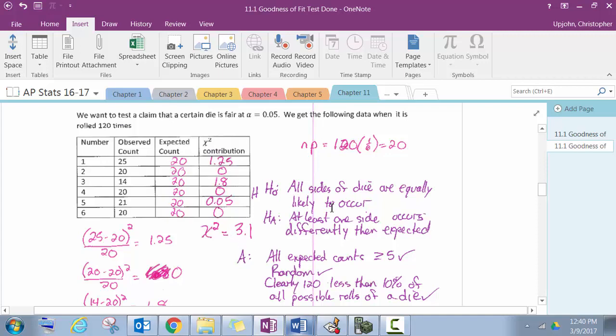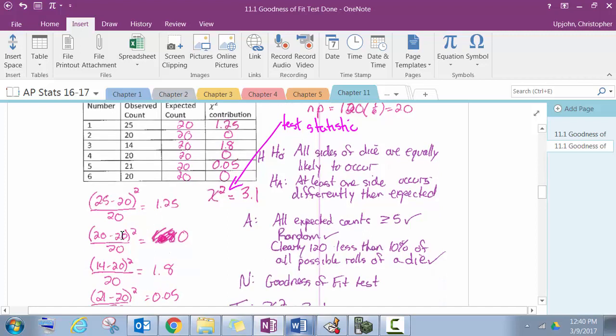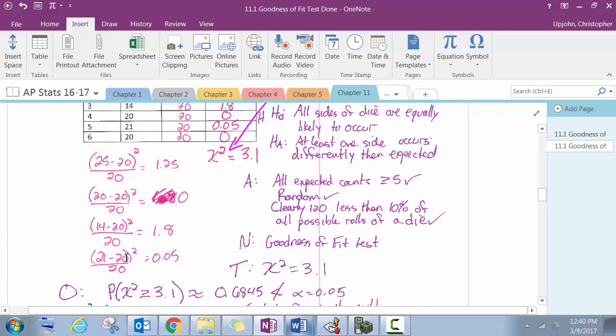So this is our test statistic, the sum of all of those. So 25 minus 20 is 5. 5 squared is 25, divided by 20 is 1.25. Well, 20 minus 20 is 0, so it's 0. We have 3 of those. 14 minus 20 is 6. 6 squared is 36, divided by 20 is 1.8. 21 minus 20 is 1 squared. 1 divided by 20 is 0.05.